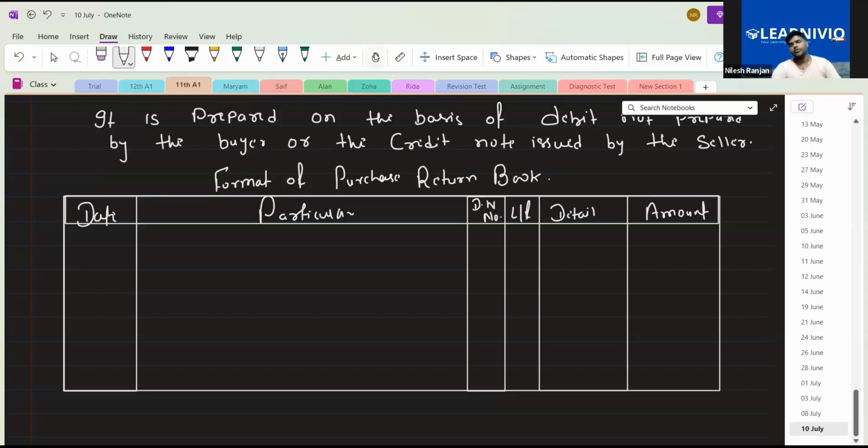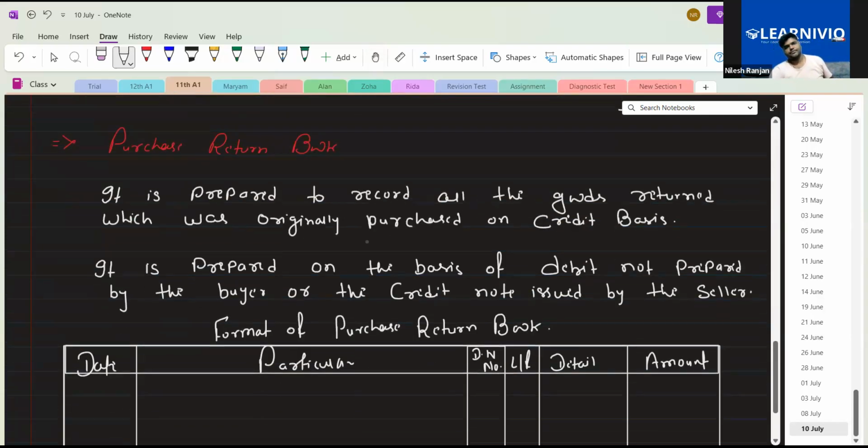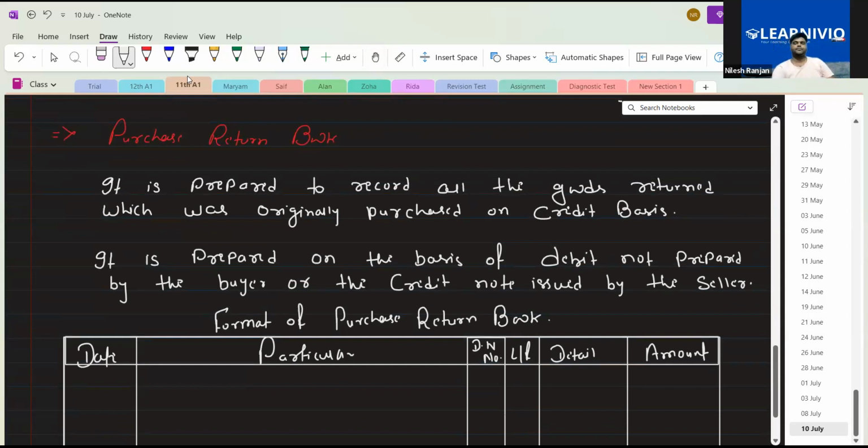Format of purchase return book. Please write this. After writing this, we will discuss the debit note format.